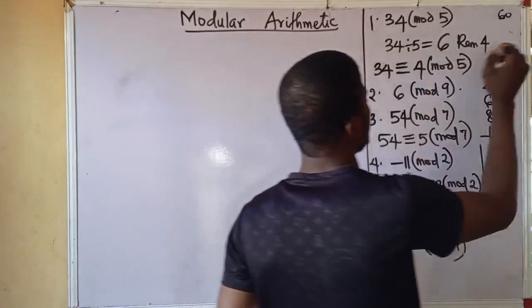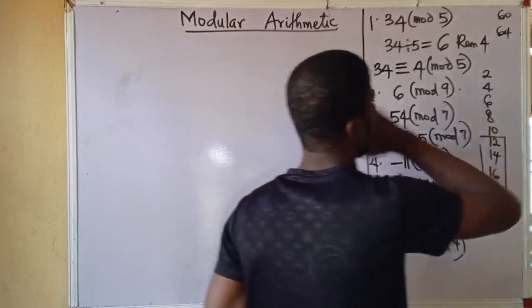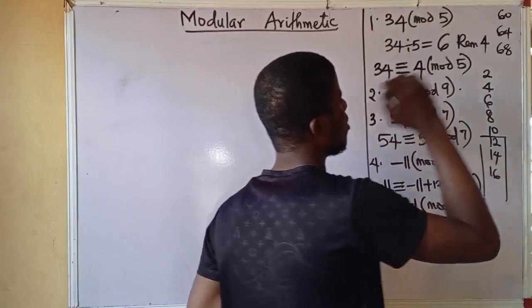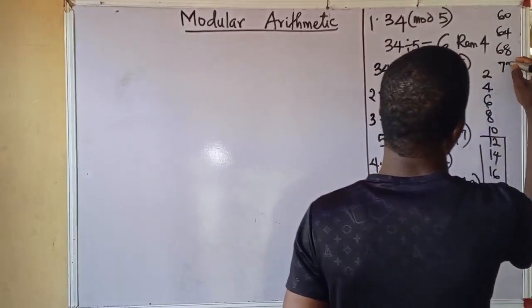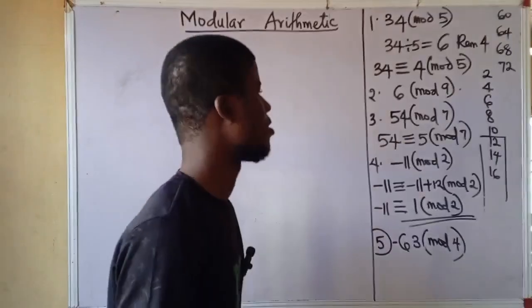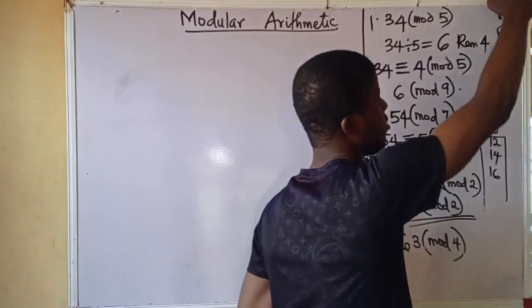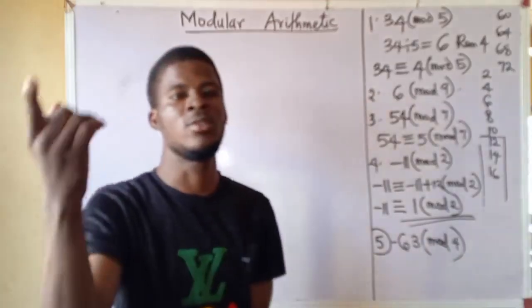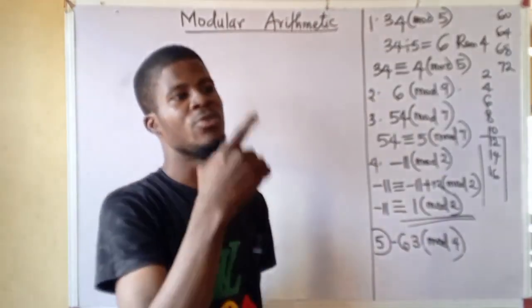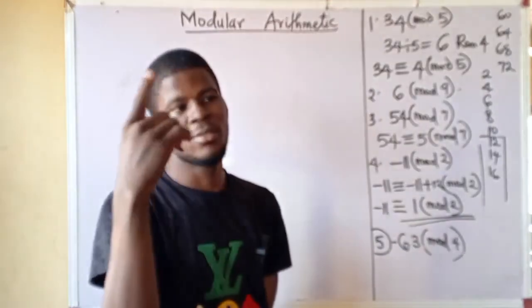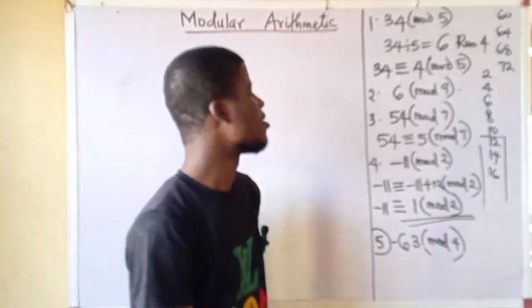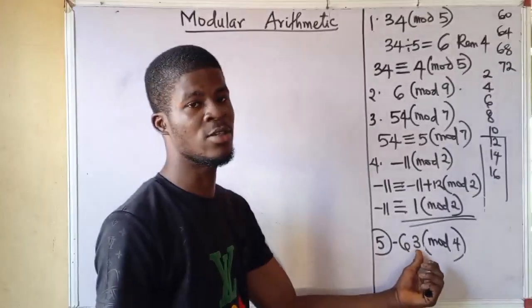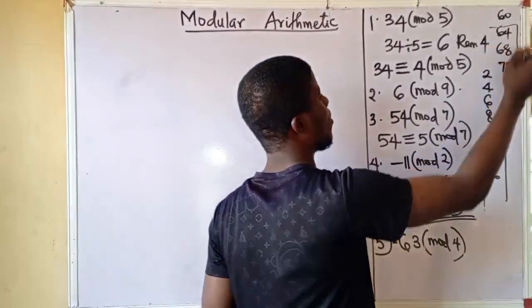Then if I add 4 to this, that's 64. Add 4, that's 68. Add 4, that will be 72, right? All of these are multiples of 4, and before 60 we have 36, 40, 44, 48, 52, 56, 60. I need the one that is immediately bigger than 63, and it is actually 64.